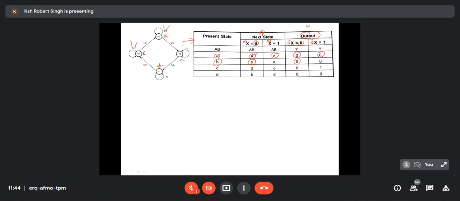This is output Y, with its condition for input 0 and for input 1. And from B, it goes to A when input is 1. B to A when input is 1. And when the input is 1, output is 0. Is it okay?